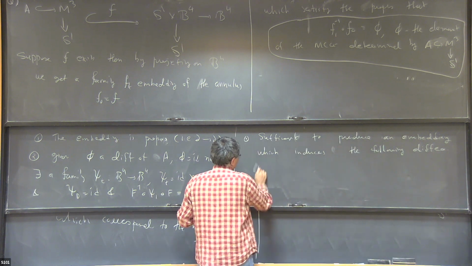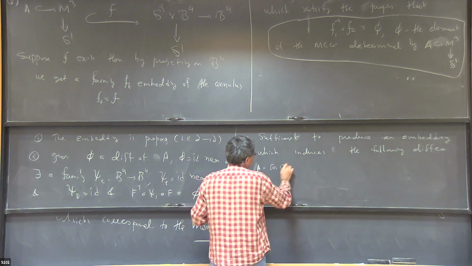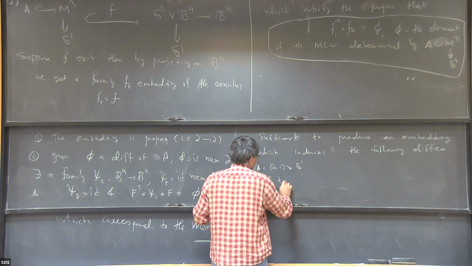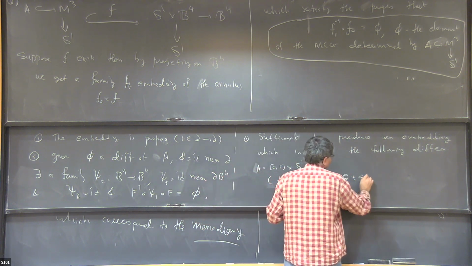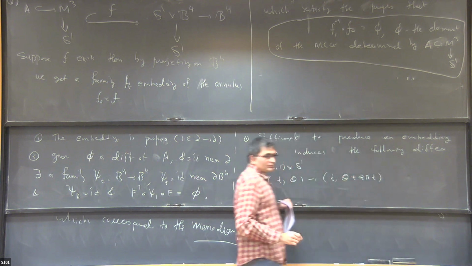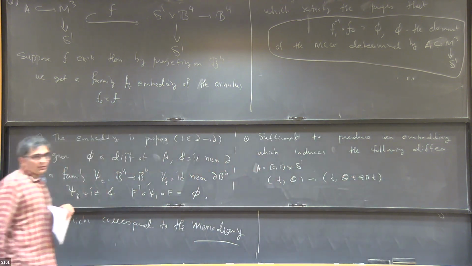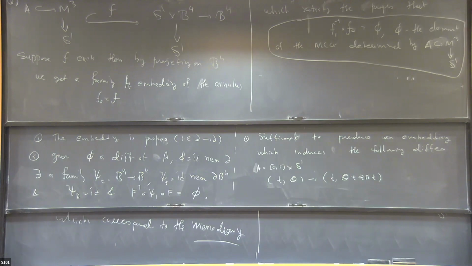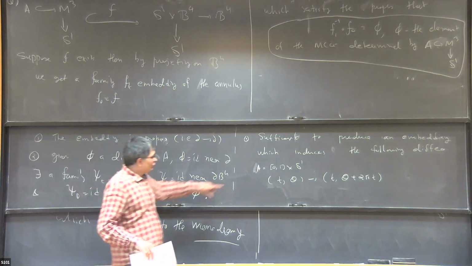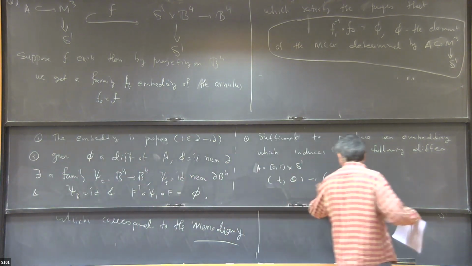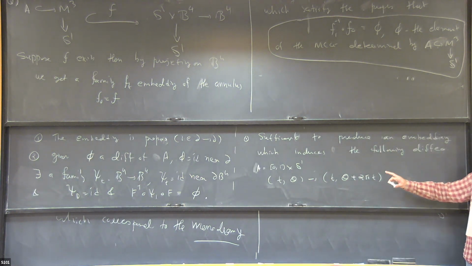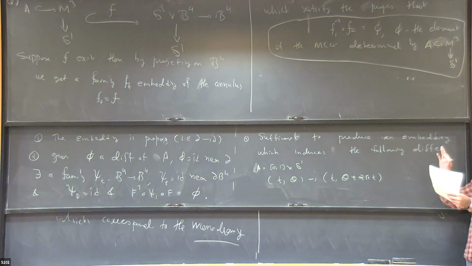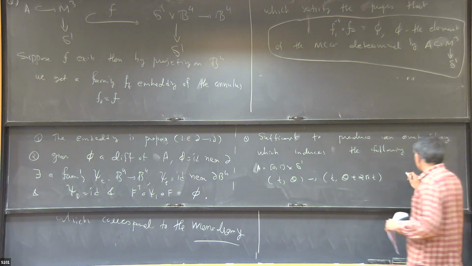So you take A, t comma theta going to, so this is a kind of self diffeomorphism of 0 1 cross the annulus, which is identity on the boundary, and this geometrically does the following.